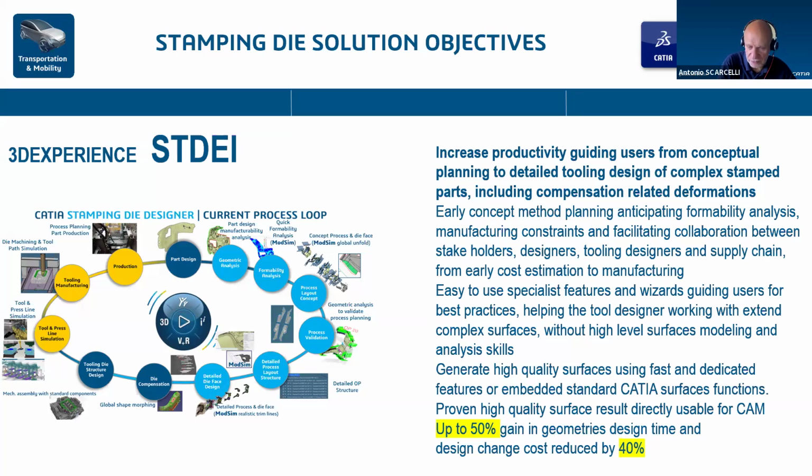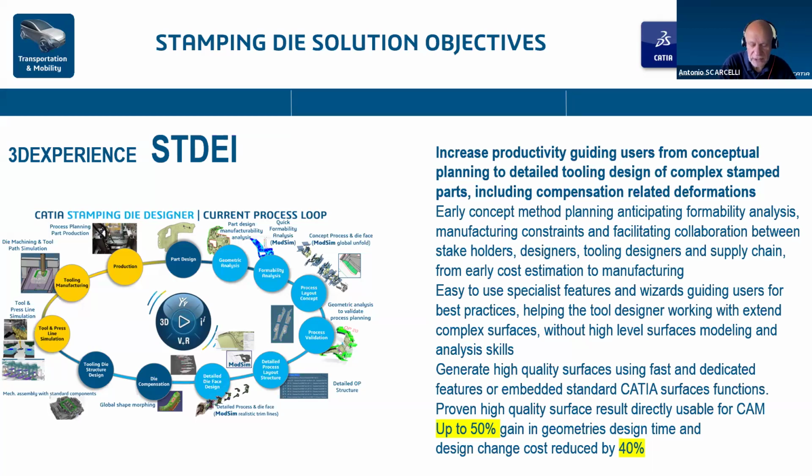Some customers were able to reduce dramatically their time in the global process. They compared what they are doing today with the tool they have in V5 and with additional product, and what they are able to do today with 3D experience.